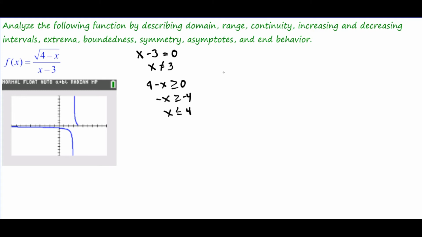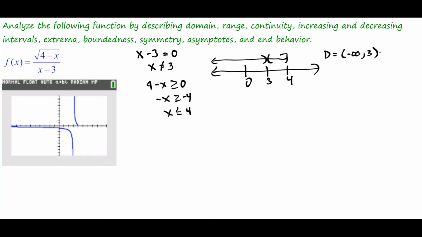Combining these two things together, we have all the values less than or equal to 4. And this one says x can't be 3, so we have to take out that 3. So our domain is all values from negative infinity to 3, and then from 3 to 4.